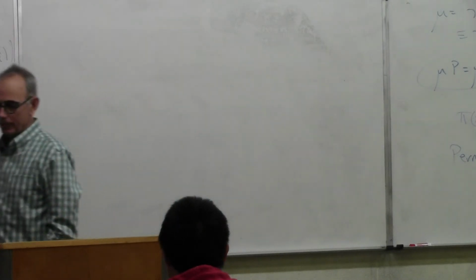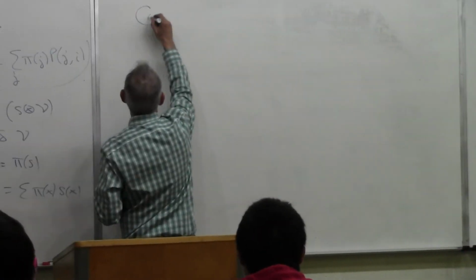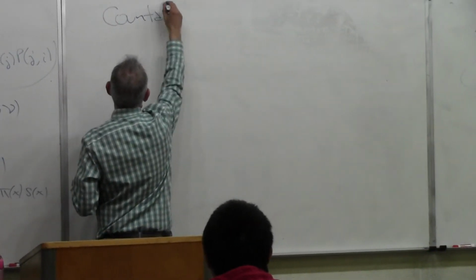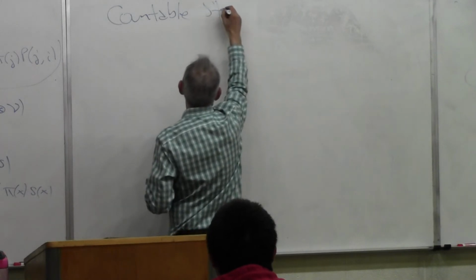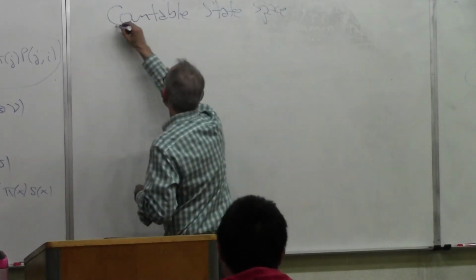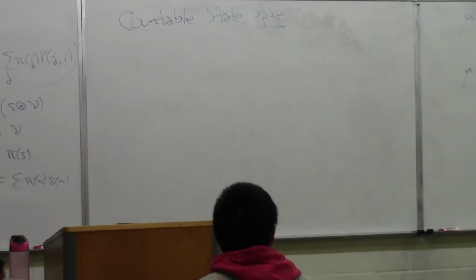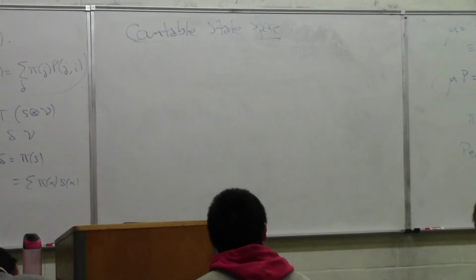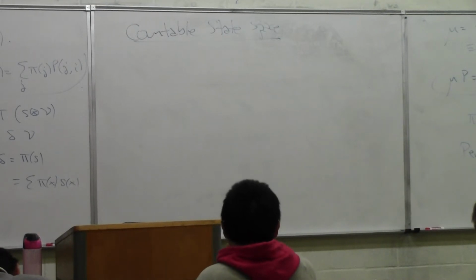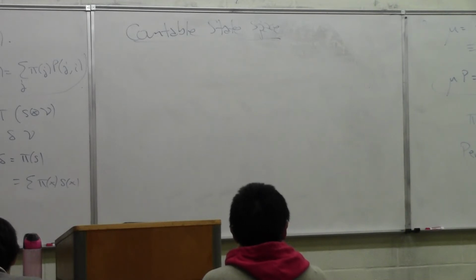Okay, so let's think about this. What happens in the countable state space case? I've told you this is completely general. This is still true, and therefore this thing is still finite valued on this reachable set.